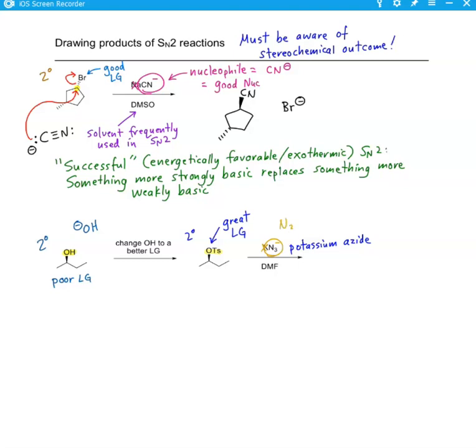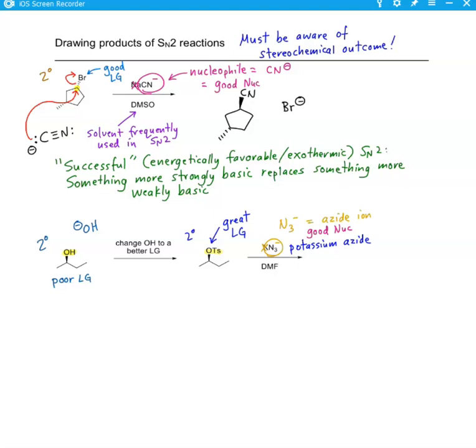So N3 minus is the azide ion. So take a minute, go back to the tables on page 2, and find out what kind of a nucleophile the azide ion is. Once you've done that, hopefully what you learned is that it is a good nucleophile, so it's in the good category. And so we have that going for us as well.